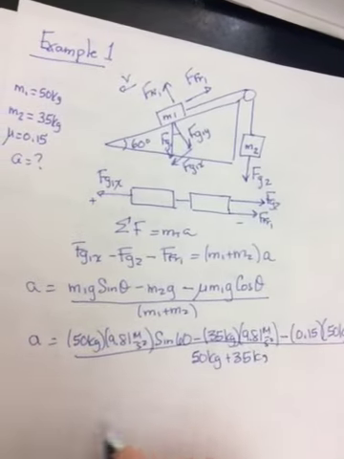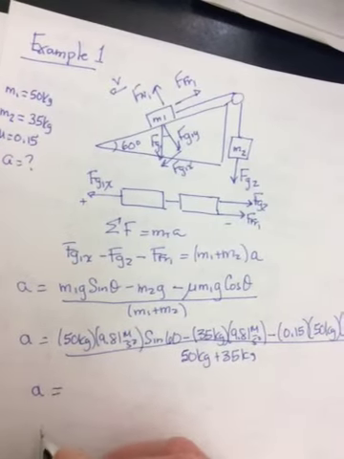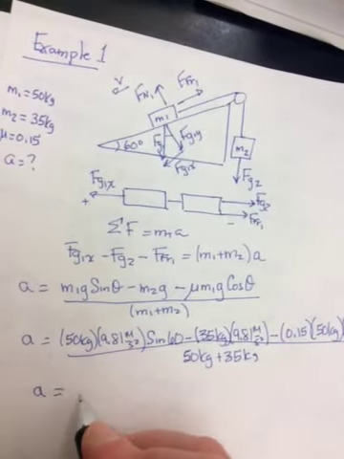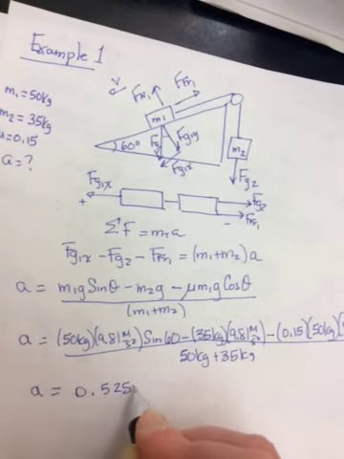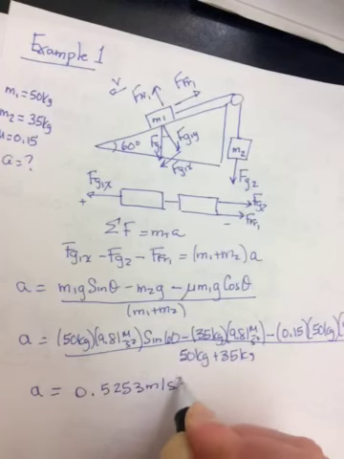Really, not bad at all. When you do this, assuming you can type all that in your calculator correctly, you should get an A of 5253 meters per second squared.